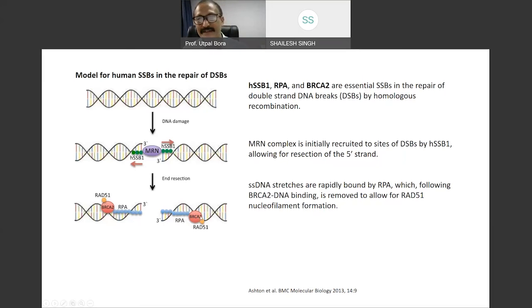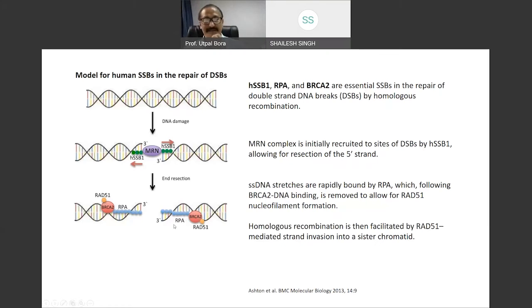Okay, so you can now understand the importance of all these players we are discussing all the time. Their role in double-strand breakage: the role of hSSB1, the MRN complex, the RPA, the BRCA2, and the RAD51.